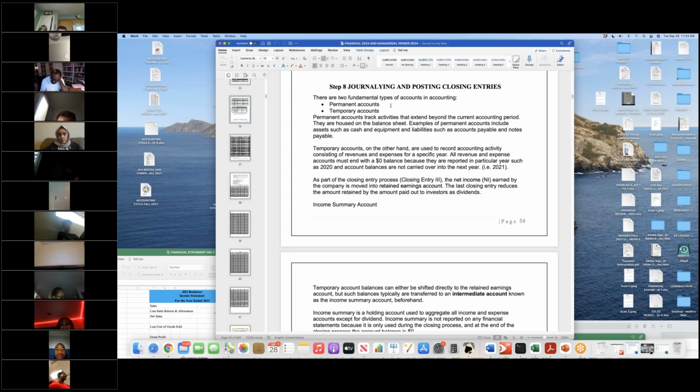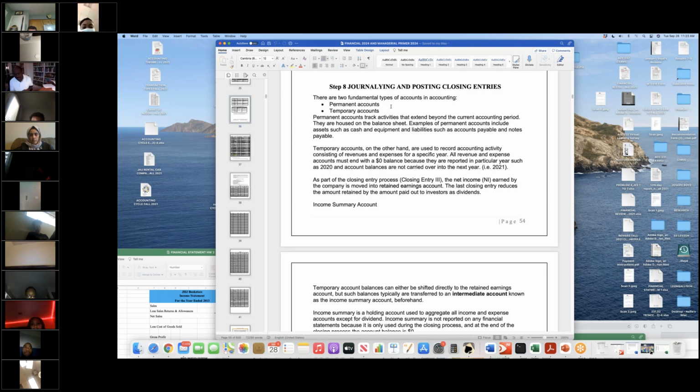Those accounts carry over to the next year. Just like with you personally, your cash account, your jewelry, your cars, the liabilities you owe, whatever is there on December 31st of 2021 is going to be there on January 1st of 2022.